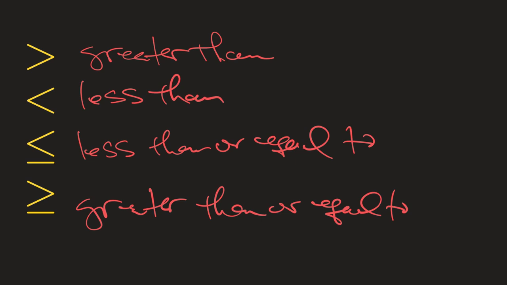Now, the other thing you're going to need to be able to do is use a graphical representation of these inequalities. What does it look like on a graph? And with that is going to come either an open or a closed circle. With greater than and less than, these two right here, those are going to require an open circle on the number line when you graph these inequalities.